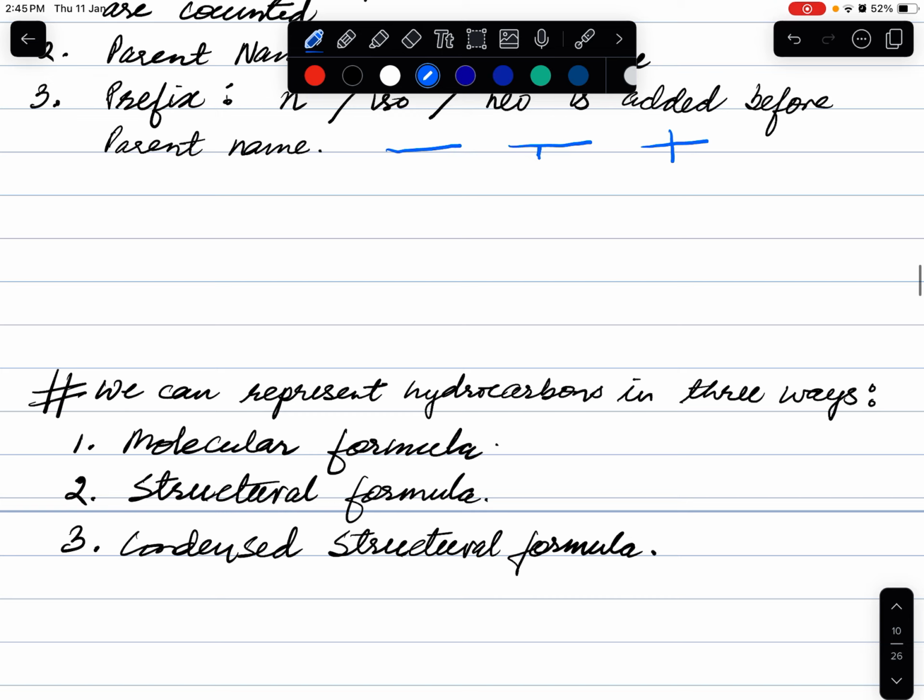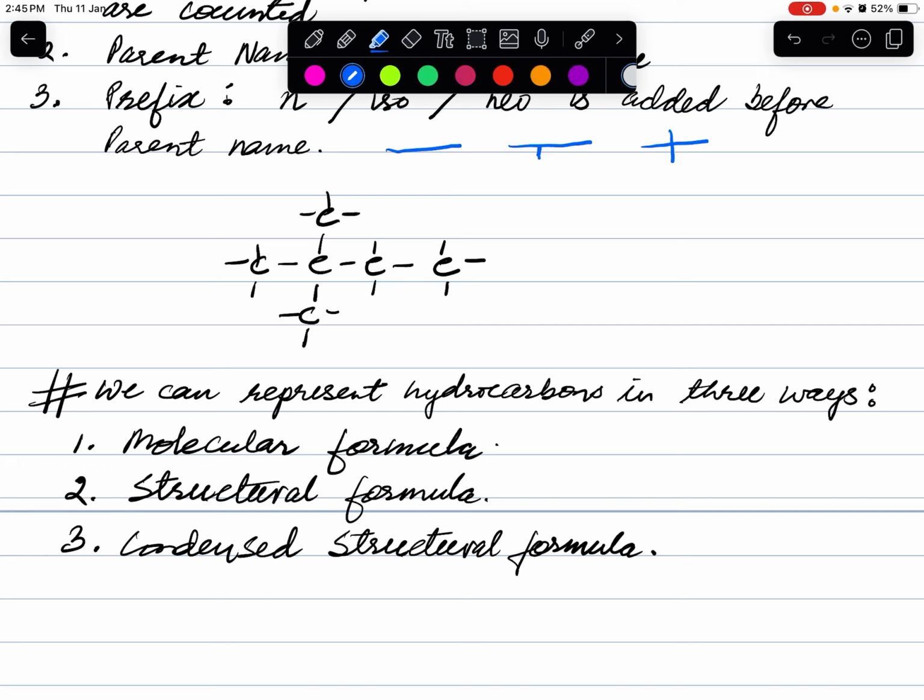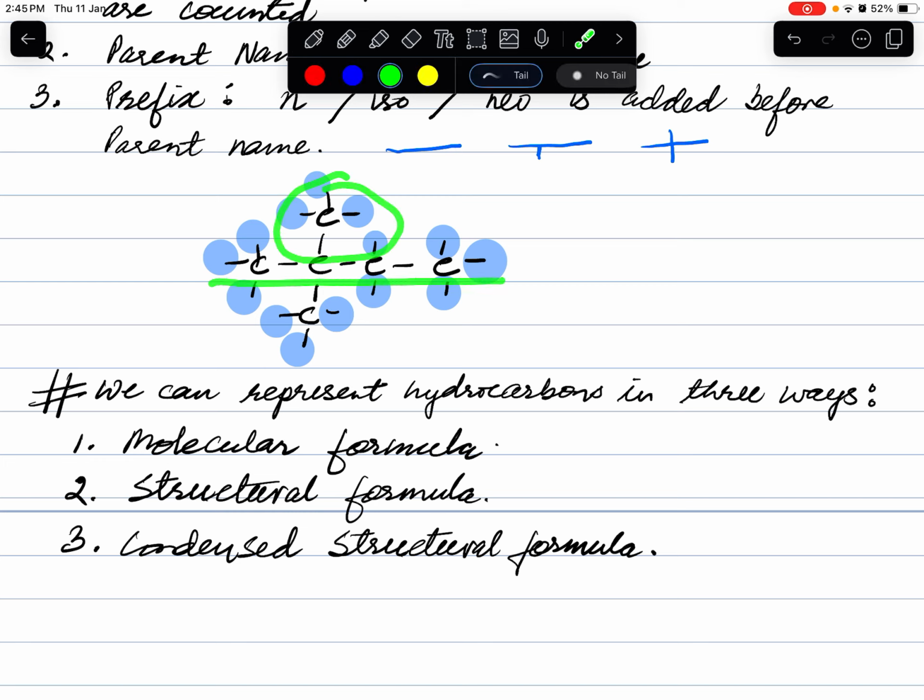So for example, I am giving you one example, so you let me know. For example, this is the compound: C, C, C, and we have a carbon here, one more carbon here, and this is the arrangement. And at all ends we have hydrogen atoms. Suppose I represent hydrogen atoms with a dot. These are hydrogen atoms. Fine. So can you name this compound? In this case, the total number of carbon atoms is how many? 4 here, 1, 2, 3, 4, and this is 5, and this is 6.